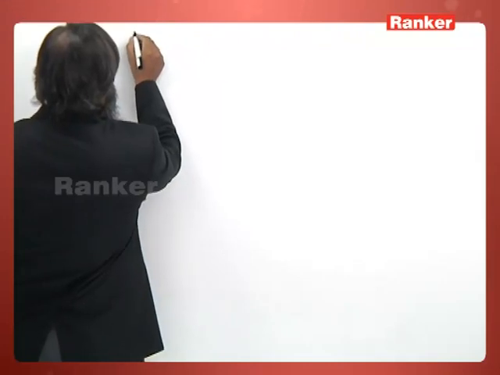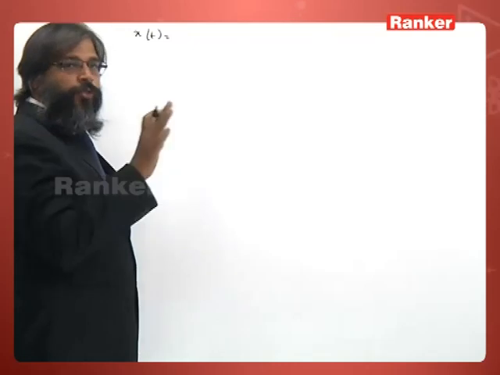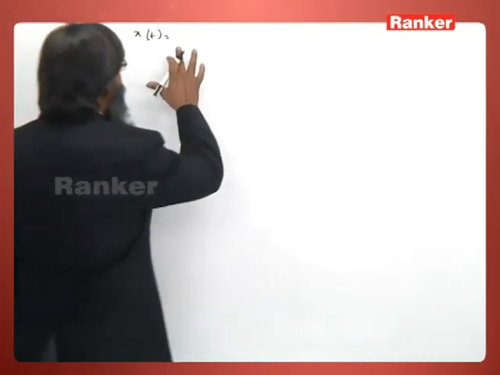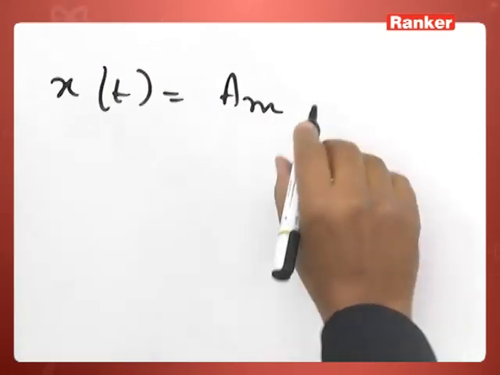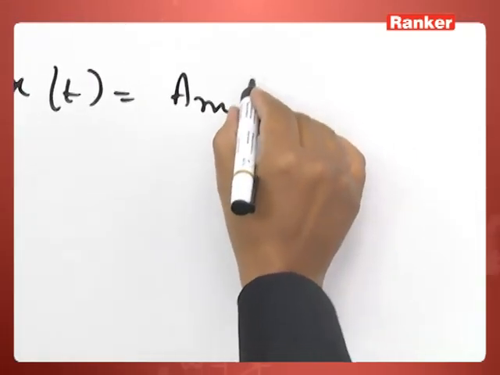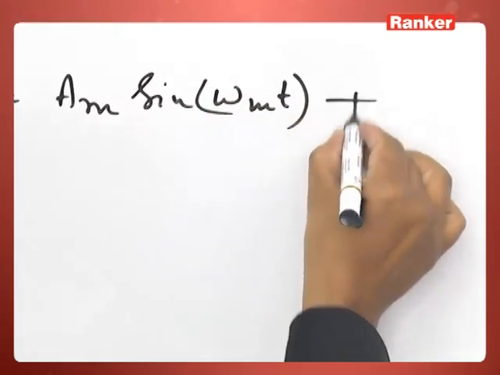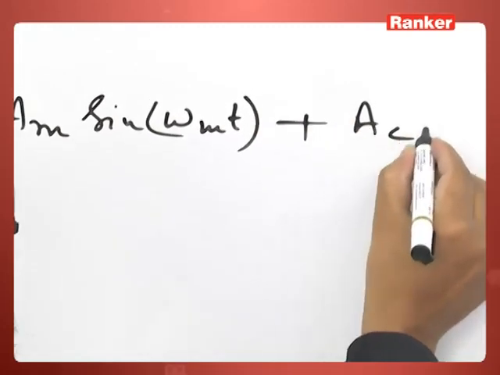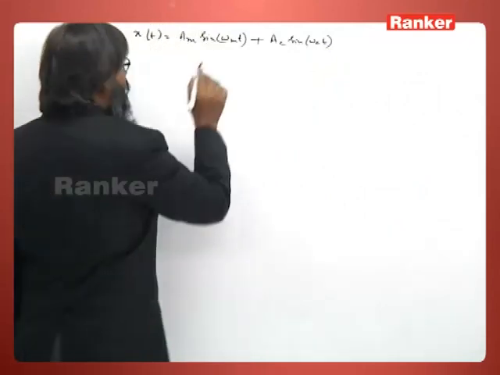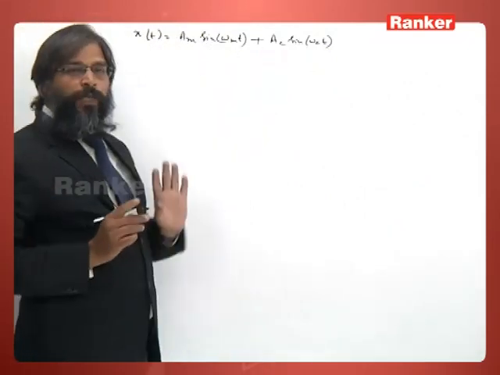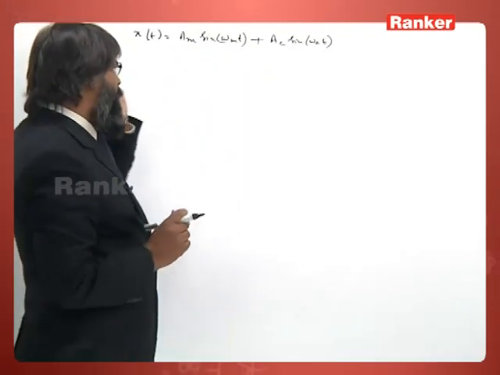Let us see what x(t) is. x(t) is the direct superposition of the carrier wave and the modulating wave. So this is Am sin ωm t plus Ac sin ωc t. So x(t) is the direct superposition of the modulating signal and the carrier wave.